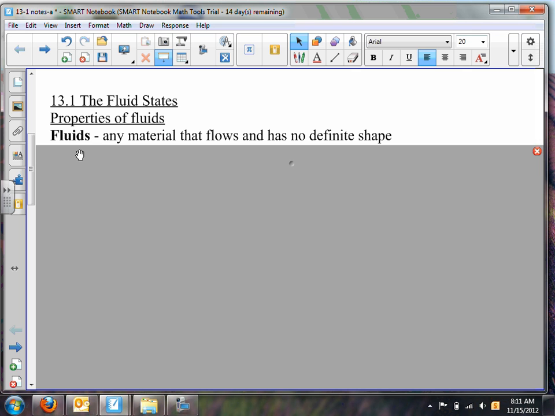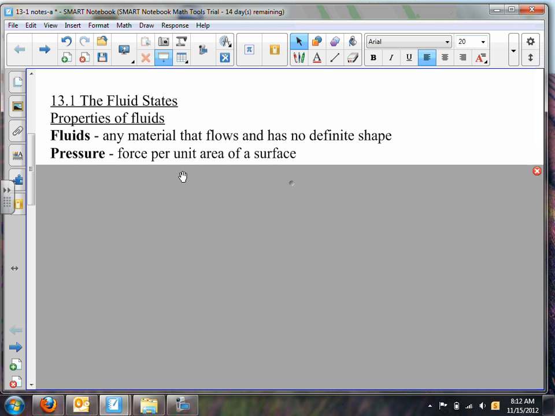When we think of fluids, we typically think of liquids, because you can pour water out of a beaker into something else, it flows down a ramp or it flows from one vessel to another. But gases are also considered fluids. So anything that flows and has no shape, gases definitely have no shape, and we'll demonstrate that we can pour gases as well, especially if they're heavier than air.